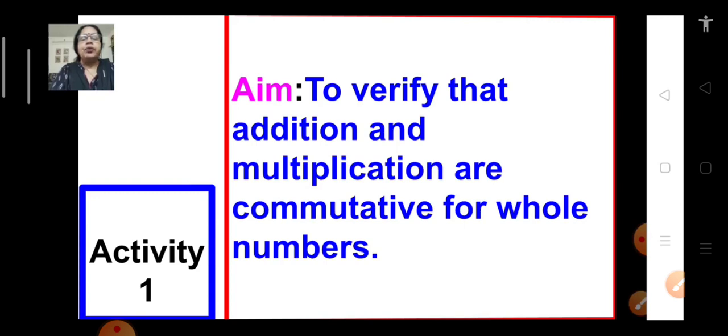Now let's see how we write the activity. First, we have to write the name or the topic, that is commutative property of whole numbers, of addition and multiplication of whole numbers. Then you should write the aim: to verify that addition and multiplication are commutative for whole numbers.